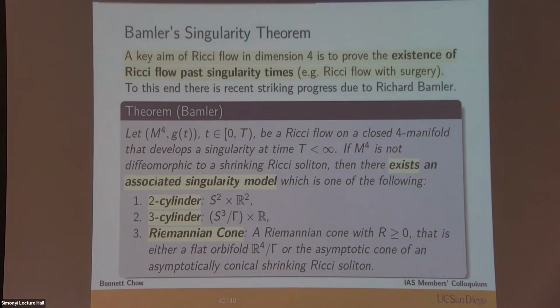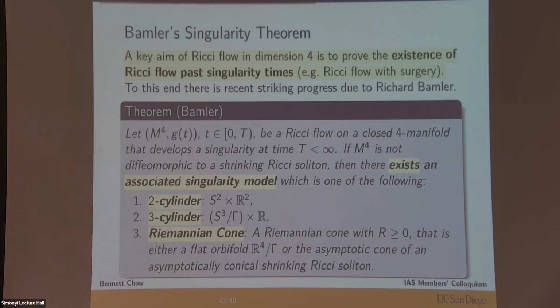If we do have singularity formation, and let's say our initial manifold is not diffeomorphic to a shrinking Ricci soliton. I mean, if it is, and if you're in the spin case, then shrinking Ricci solitons have positive scalar curvature, and then you could just use the Lichnerowicz theorem to say the A-hat genus is 0.